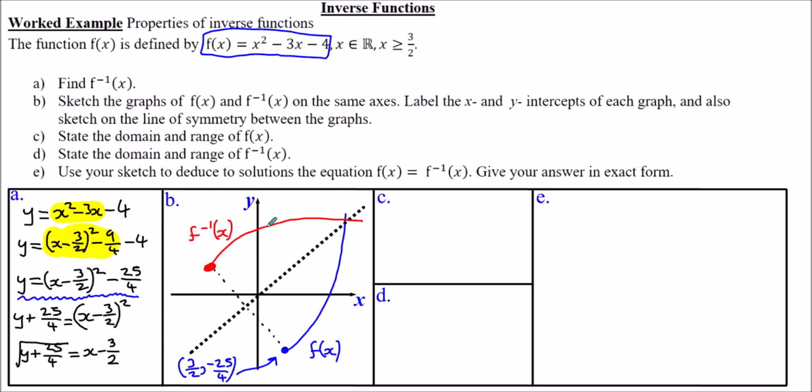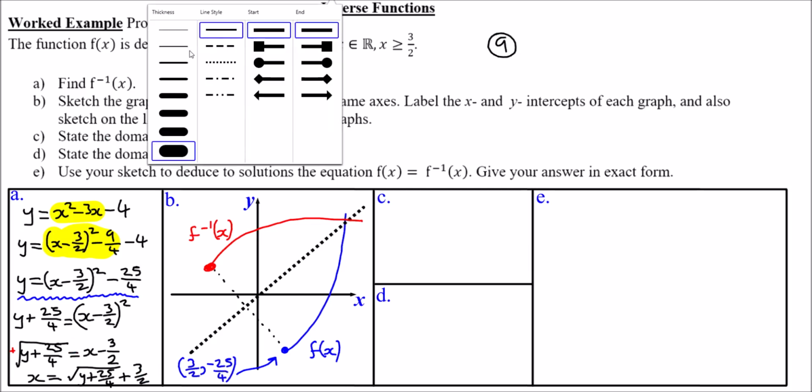So I'm hoping by use of a sketch we can see that we do just want the positive version of that square root. So if I add 3 over 2 to both sides, I can say that therefore x is going to be the square root of y plus 25 over 4, plus 3 over 2. But of course, for part A of the question, I don't mean part A as in party down.